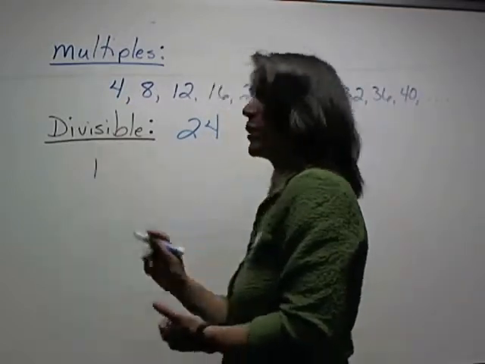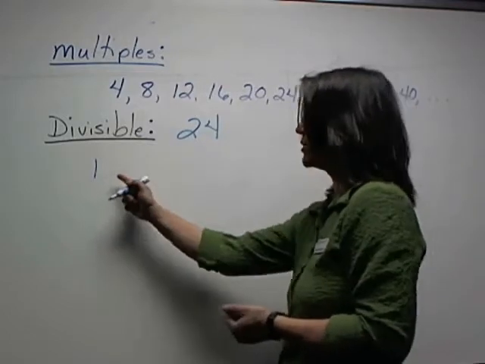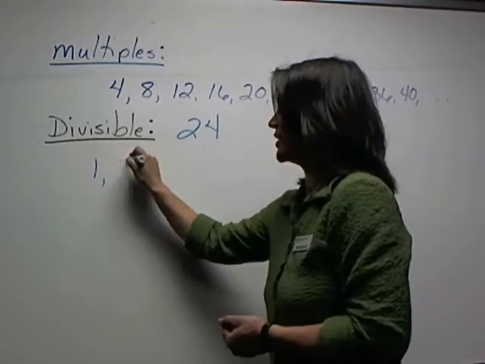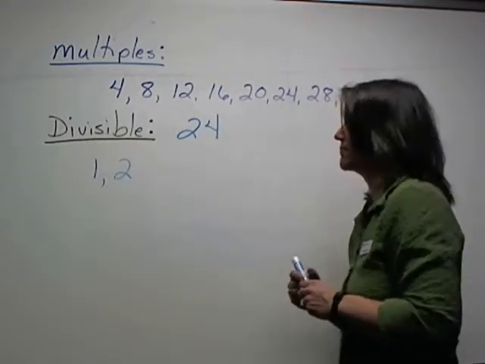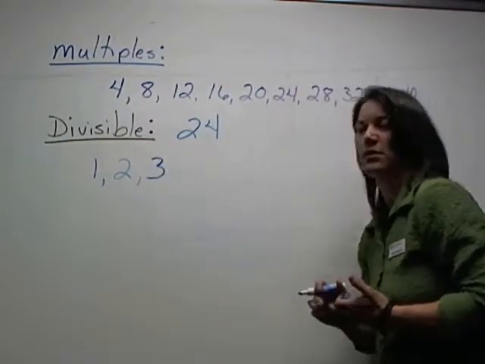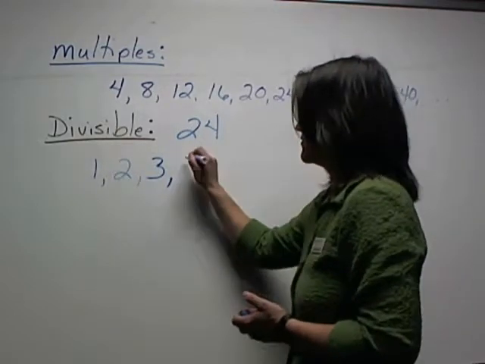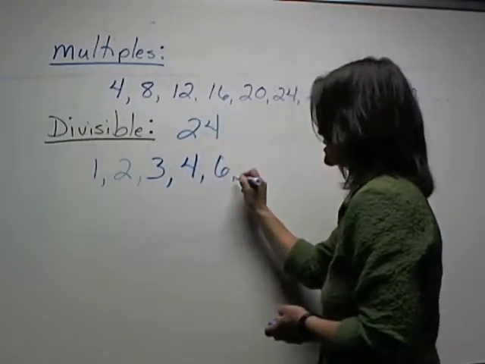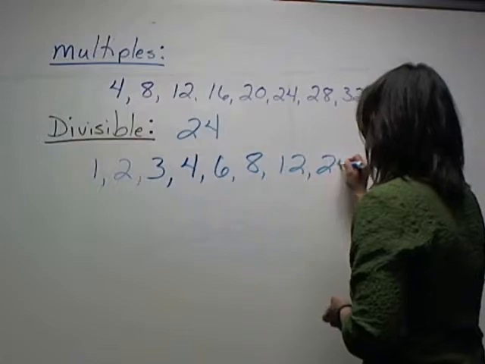24 can be divided by 1. Every number can be divided by 1. So 24 is divisible by 1. 24 is divisible by 2. 24 is an even number, which means that 2 has to go in it. 24 is divisible by 3, 3 times 8. 24 is divisible by 4 and 6 and 8 and 12 and 24.